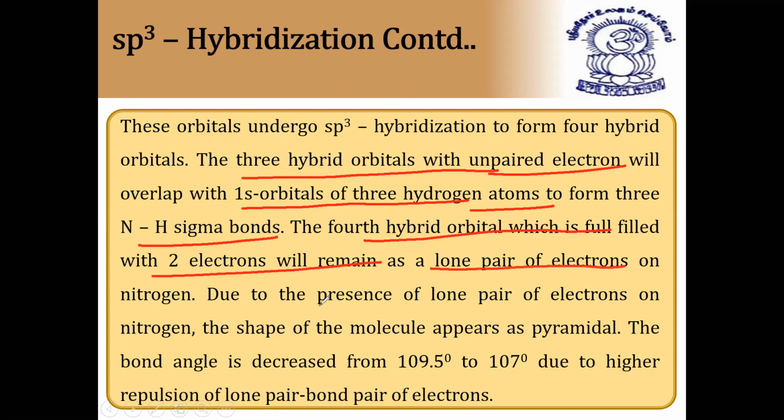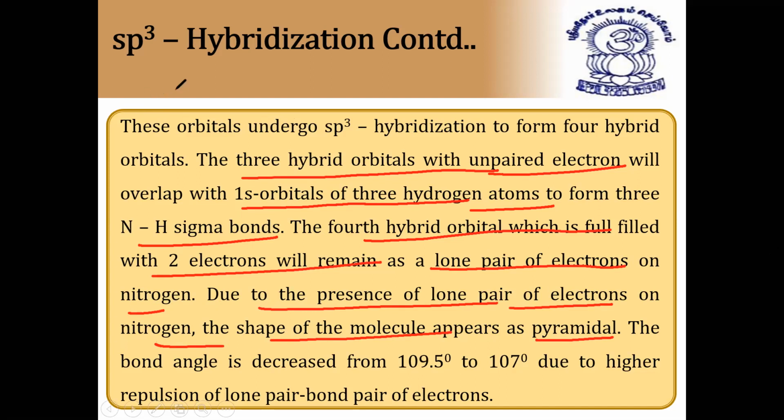Here, the lone pair is important on nitrogen. As we already discussed in VSEPR theory, due to the presence of the lone pair of electrons, the shape of the molecule appears as pyramidal, not tetrahedral. This question they'll ask in the examination: even though ammonia undergoes sp3 hybridization, its shape is not tetrahedral.